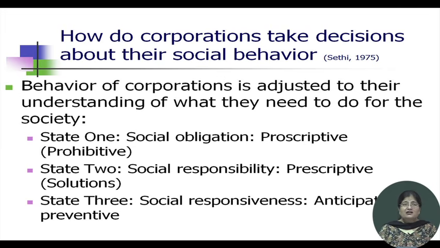Professor Sethi talks about the behavior of corporations and how it is adjusted to their understanding of what they need to do for society. Depending on what they feel they need to do, or which state they are in, they start taking certain initiatives. The first state is social obligation, where they feel that contributing to society is just an obligation, and they use the proscriptive approach, which is the prohibitive approach.